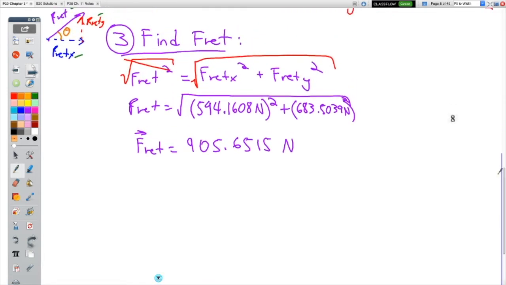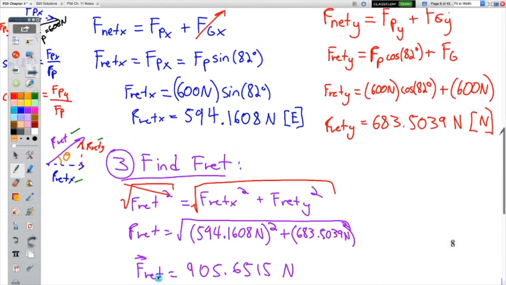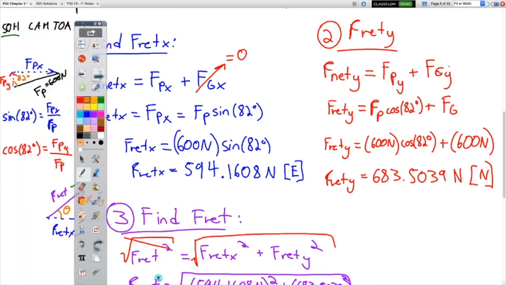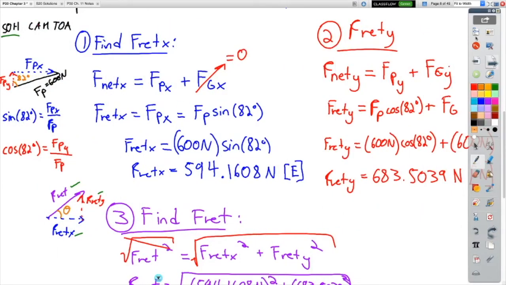I find it simpler too to just say, okay, theta is here. I've got F net Y. I've got F net X. Think about your trig ratios. What's going to help me out here? How do I get theta? Well, I'm scrolling up so you can see SOHCAHTOA. In triangle terms, which side is F net Y to theta? Well, it's opposite from theta, right? And what about F net X? It's close by. It's adjacent.